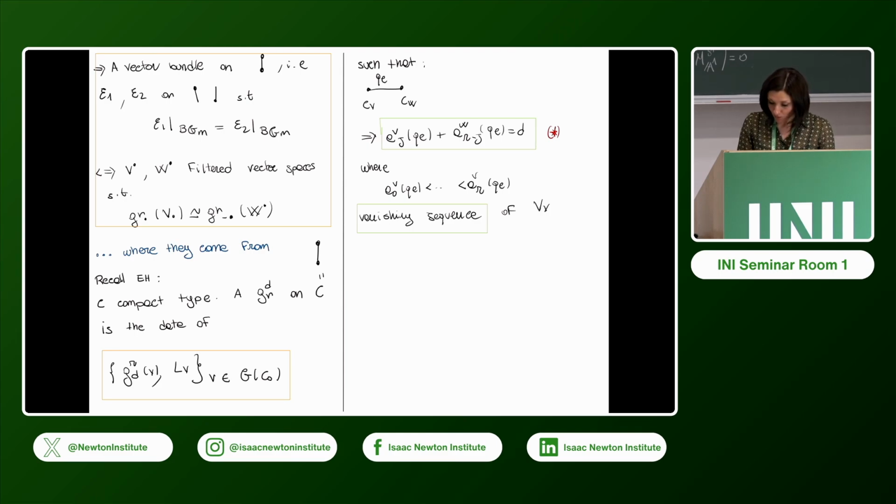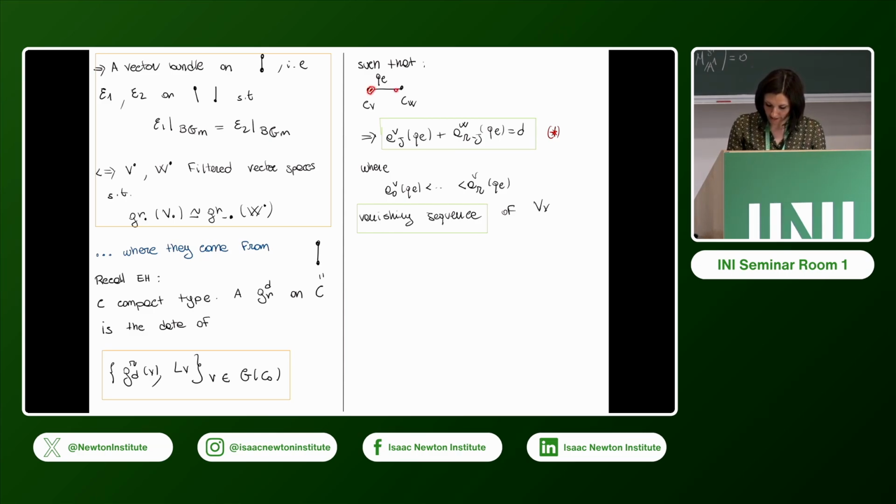So let me remind you what the classical definition is. If C is a curve of compact type, then a g^r_d on C is just the data of an honest g^r_d on a smooth curve on each of the irreducible components of my curve, which satisfy the following condition.